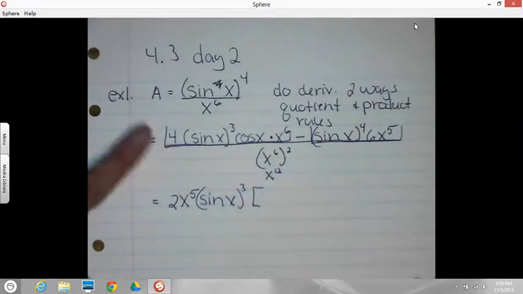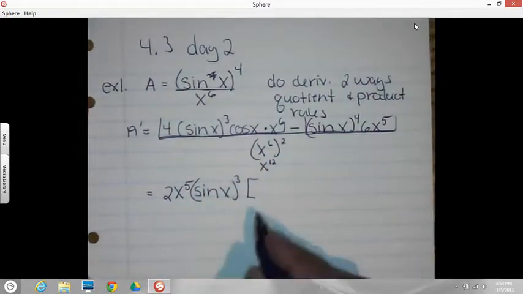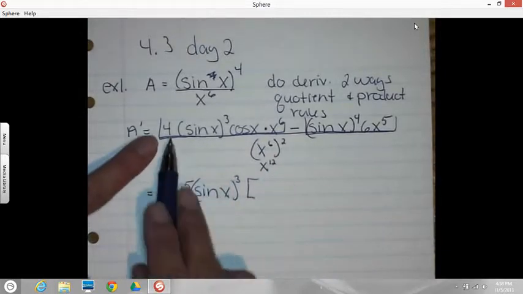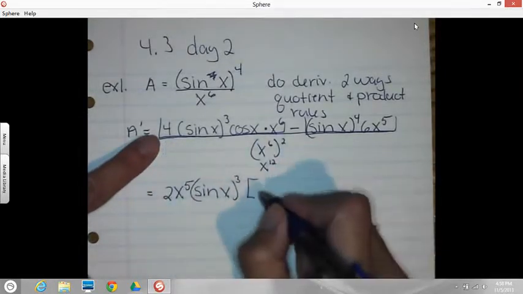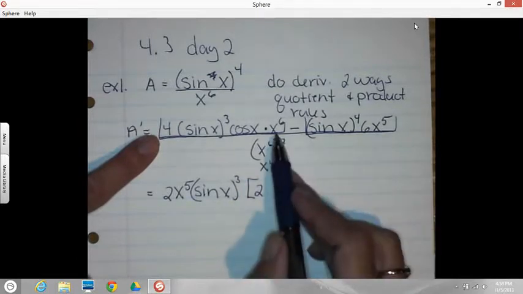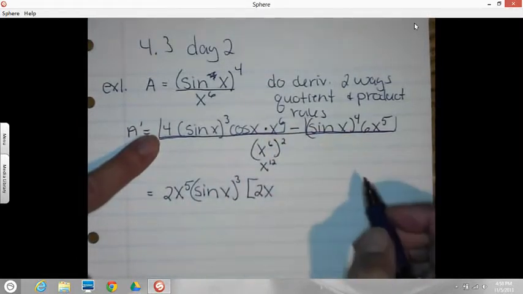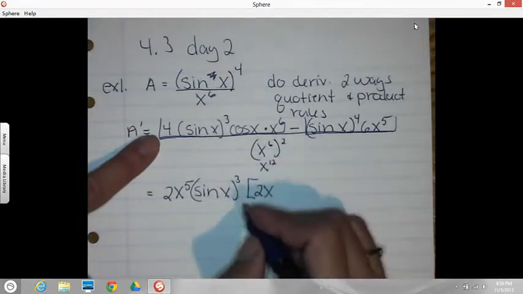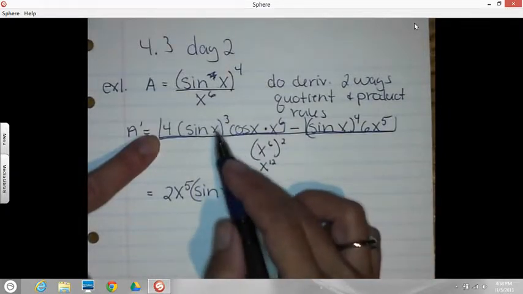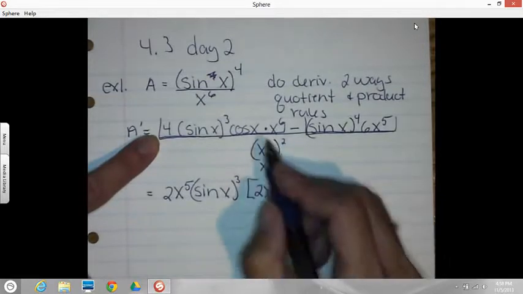And now I'd like to do the square bracket and then say what's left. So I had a 4, divide out a 2, that leaves a 2. I had x to the 6th, took out 5, that leaves an x. I had 4 sines, took out all 3 so that leaves the cosine x.